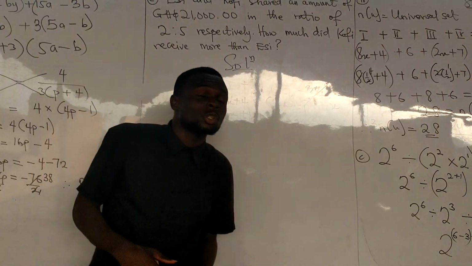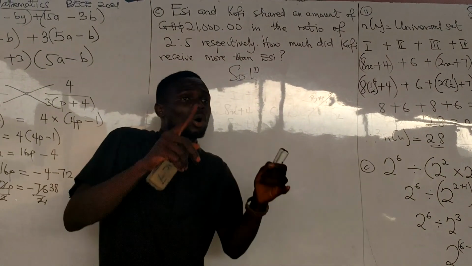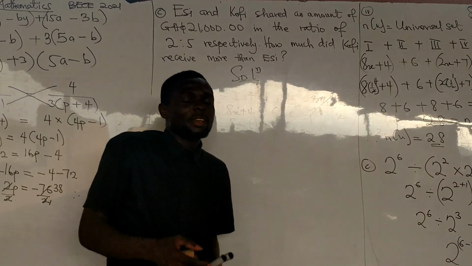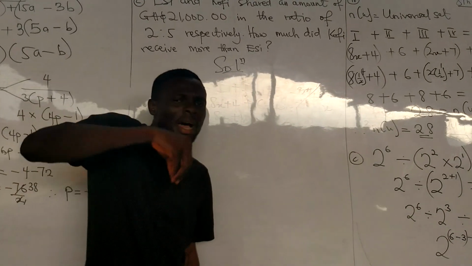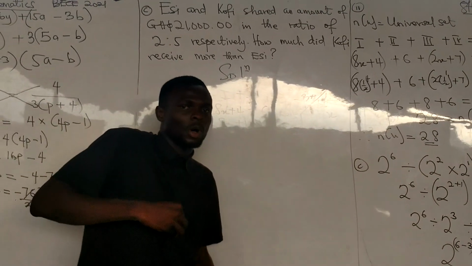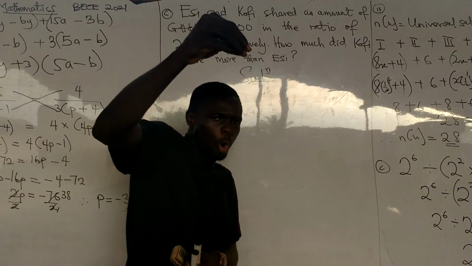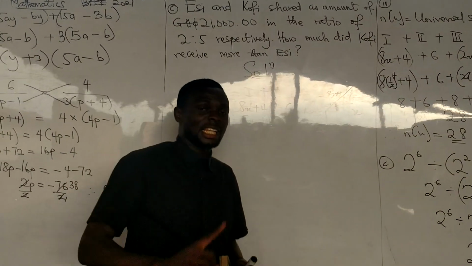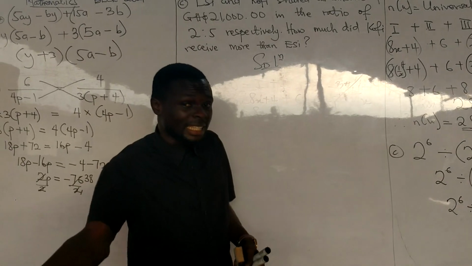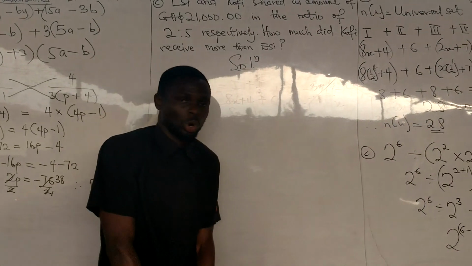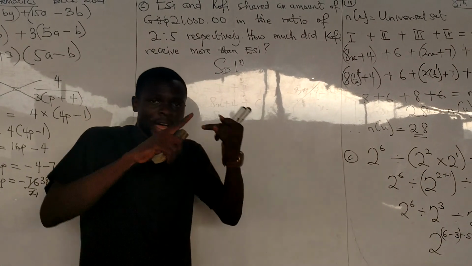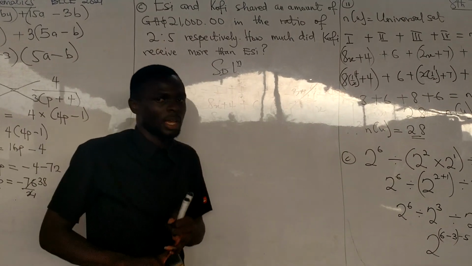They've not asked you to find AC's share or Kofi's share, but they've asked us to find how much Kofi received more than AC. It means before we can get that, although they've not asked us, we have to find AC's share and Kofi's share.